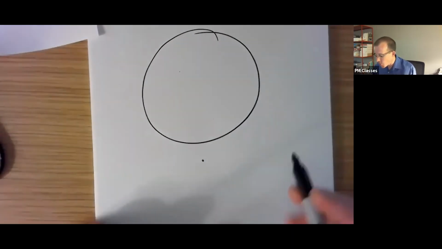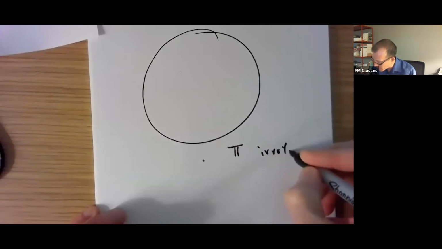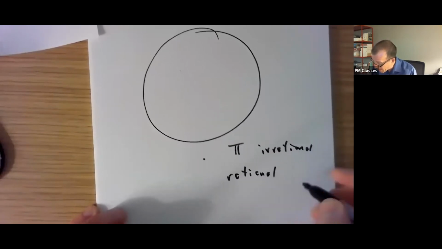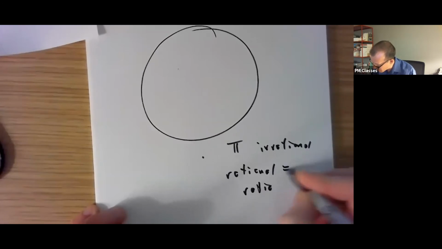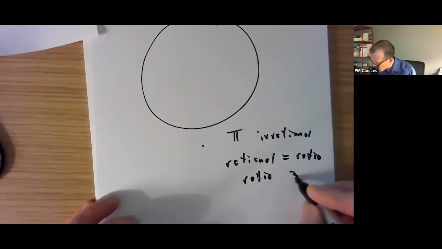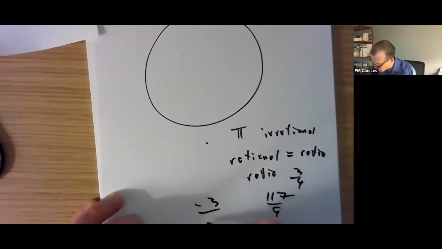The idea here is really that if you take a circle, and you guys remember that pi is an irrational number, quick sidebar, extra credit: a rational number comes from the ratio of two whole numbers. So 3 over 4 is rational, 117 over 9 is rational, negative 3 over 2 is rational.